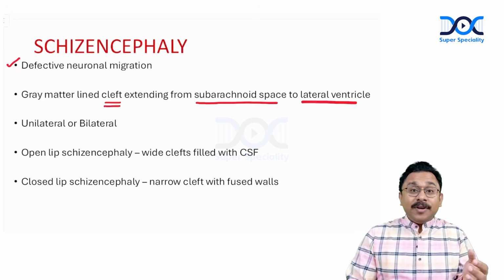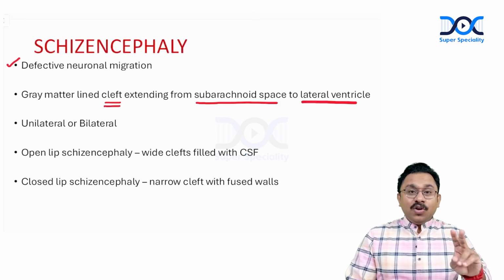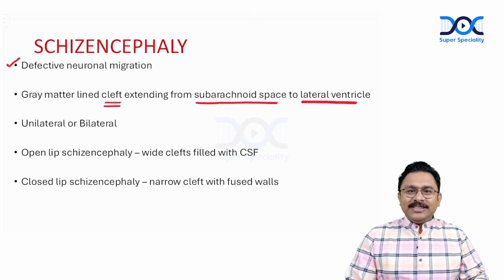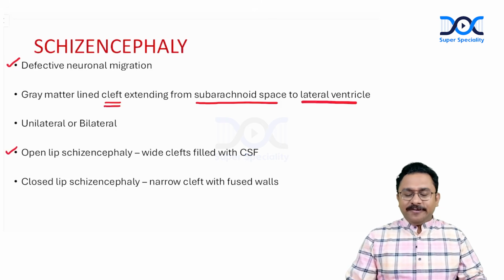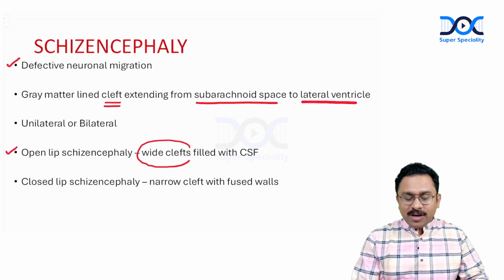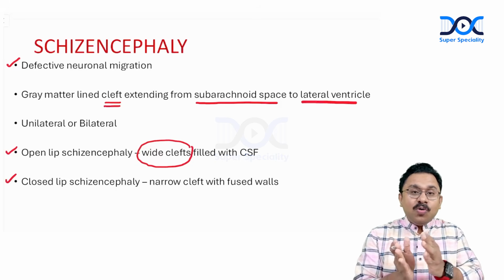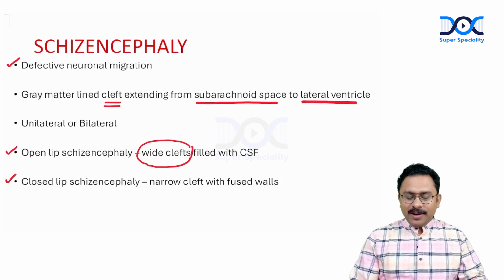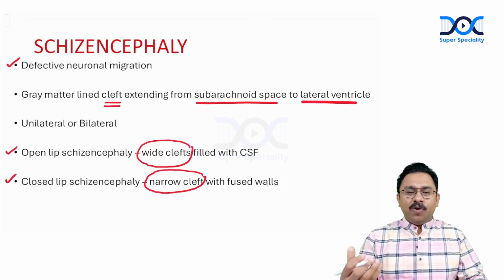So this cleft can be unilateral or bilateral. And there are two important types of schizencephaly. One is the open lip schizencephaly, where you will have wide clefts which are filled with CSF. And you have got the closed lip schizencephaly, where you have got a narrow cleft with fused walls.